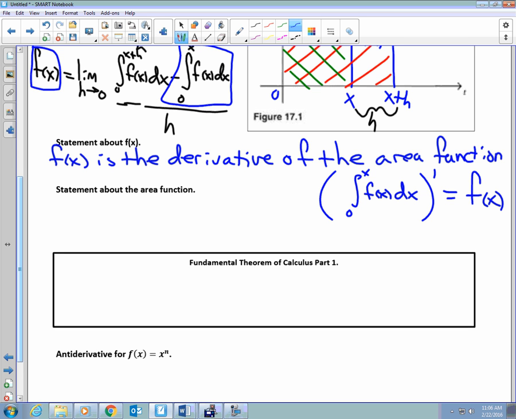So that means in order to come up with the area, we have to come up with the thing that you took the derivative of to get it. For example, if I give you 2x, what did you take the derivative of to get 2x? x squared. So if you're given the function, you got to find what you took the derivative of to get it.